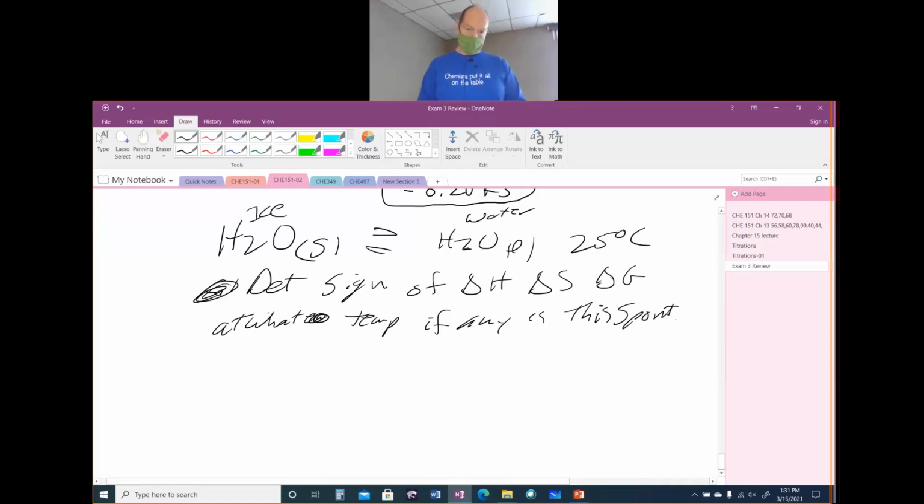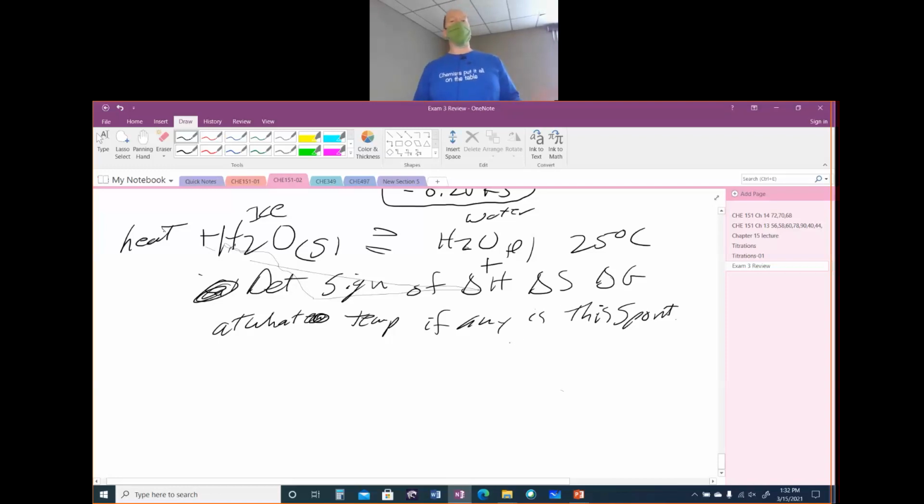If your hand is getting cold, that indicates an endothermic reaction because we know that we have to heat ice to make it turn into a liquid. All right, so you heat the ice, it turns into a liquid. So the sign of delta H is positive.